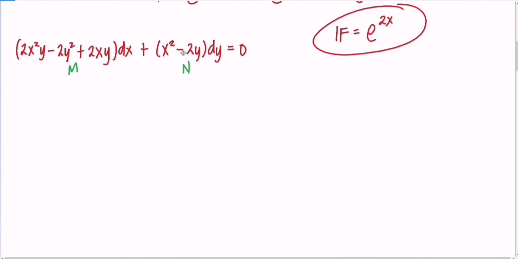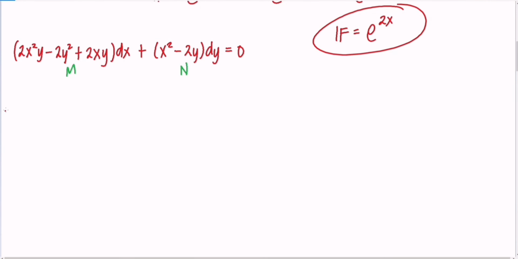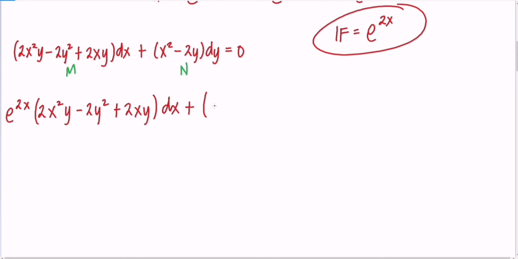Okay. So, this is our simplified equation. I'll multiply e raised to 2x to it. So, let us take one step at a time. e raised to 2x times (2x squared y minus 2y squared plus 2xy) dx plus e raised to 2x times (x squared minus 2y) dy equals 0.